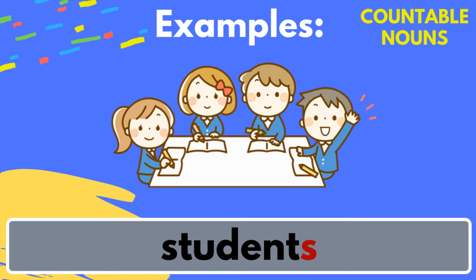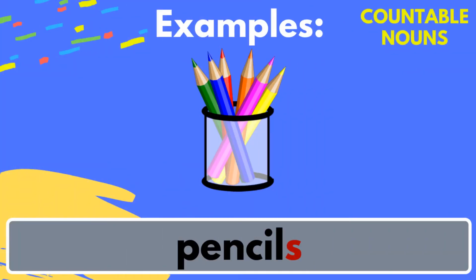But if it is just one, we say student. Next, how many pencils are there? We have 1, 2, 3, 4, 5, 6. We have 6 pencils. But if it is just one pencil, we say pencil.